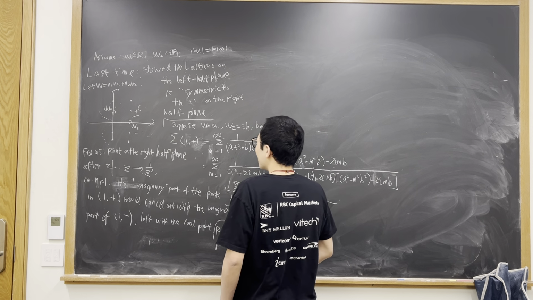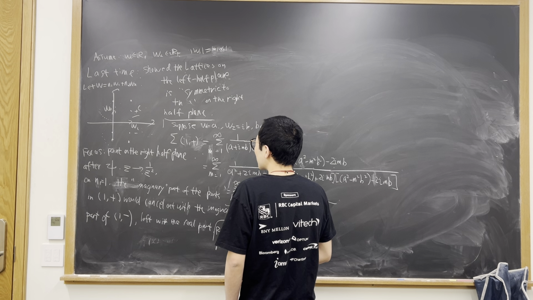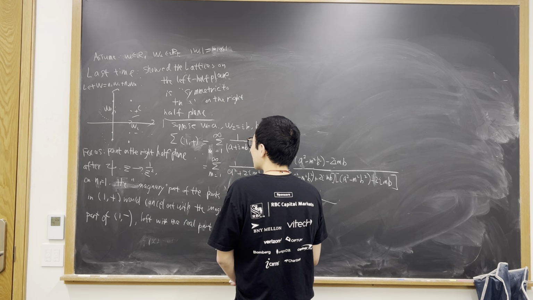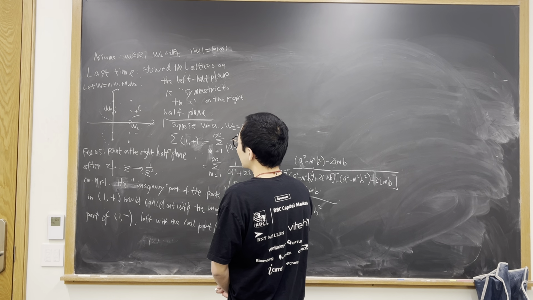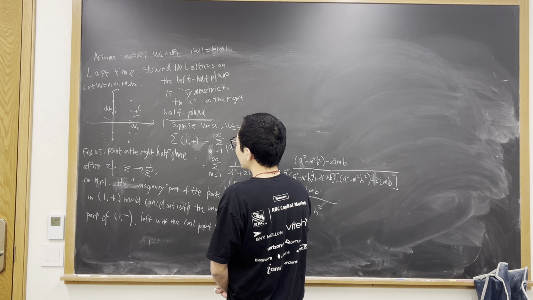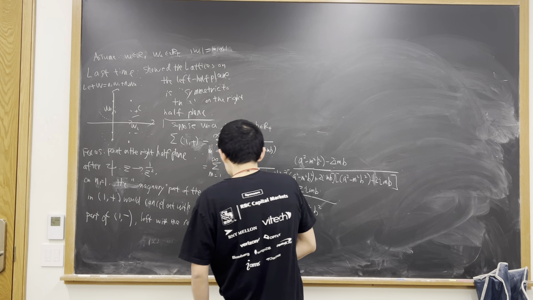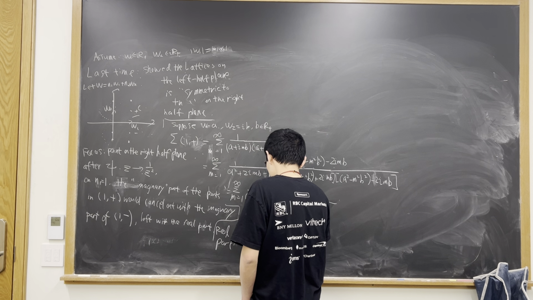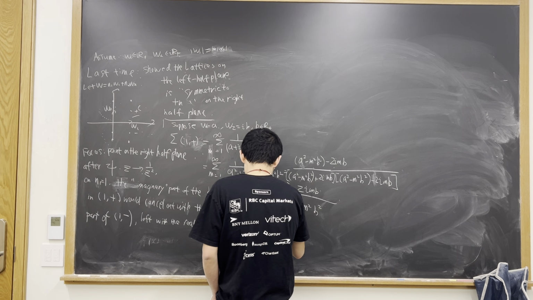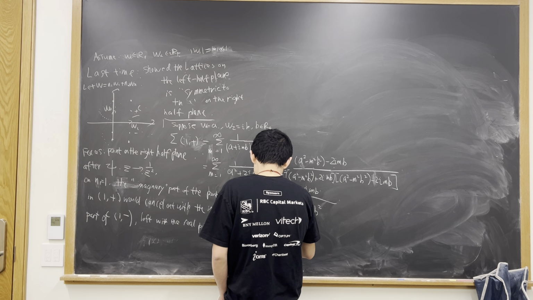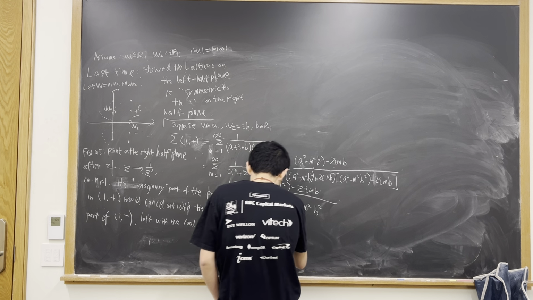So this is like just a squared minus m squared b squared, and then a squared minus m squared b squared, squared.